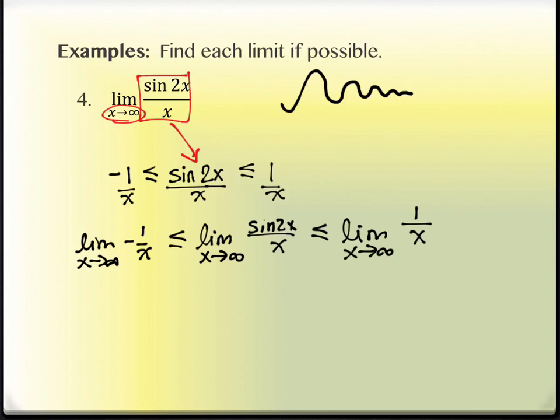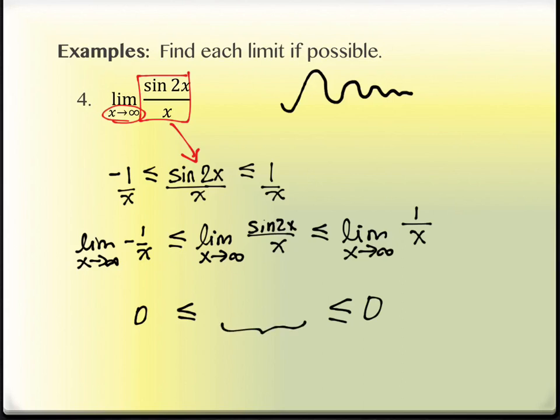What is the limit as x goes to infinity of -1 over x? 0. And what is the limit as x goes to infinity of 1 over x? 0. So what's squeezed in between has to be 0 as well.